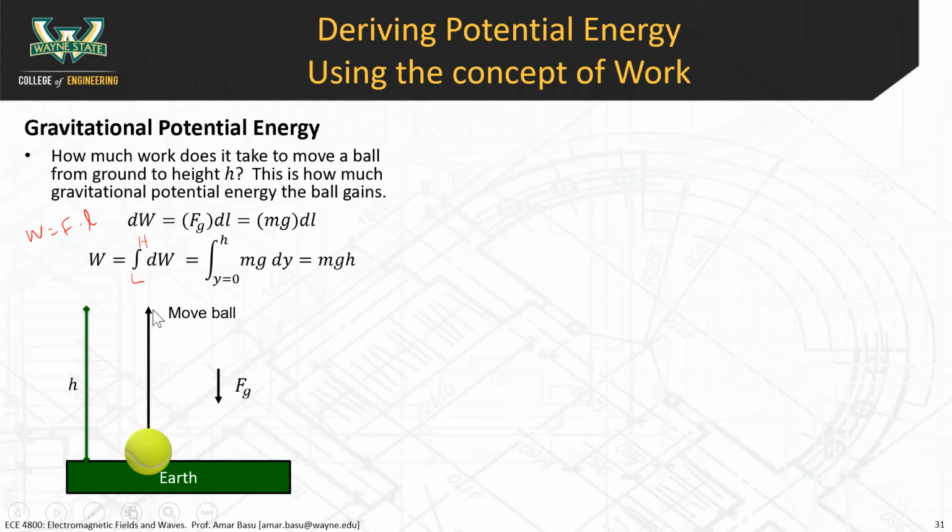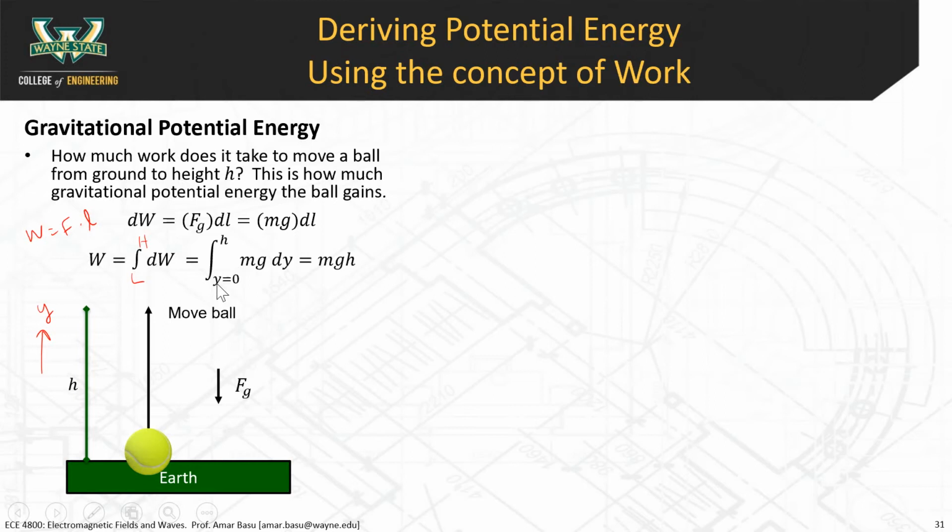The way that translates into a coordinate system is that, imagine that this here is a y-axis. We're going to move the ball from y equals 0 to y equals h. That's why you have your dy over here. So your dl became dy because you're moving along the y-axis.